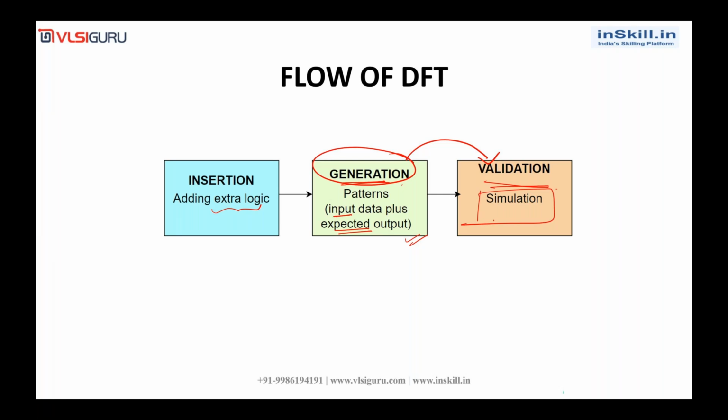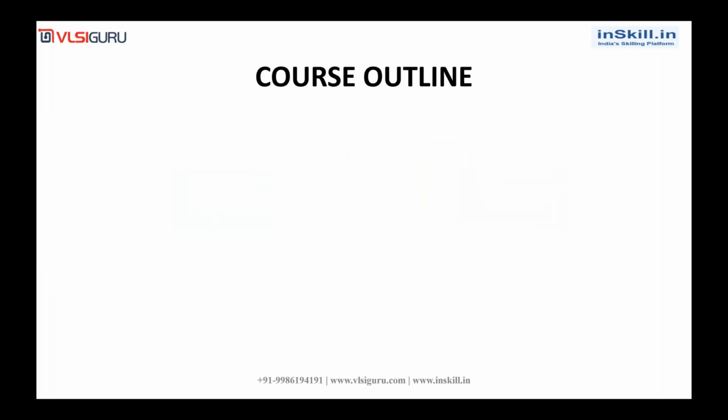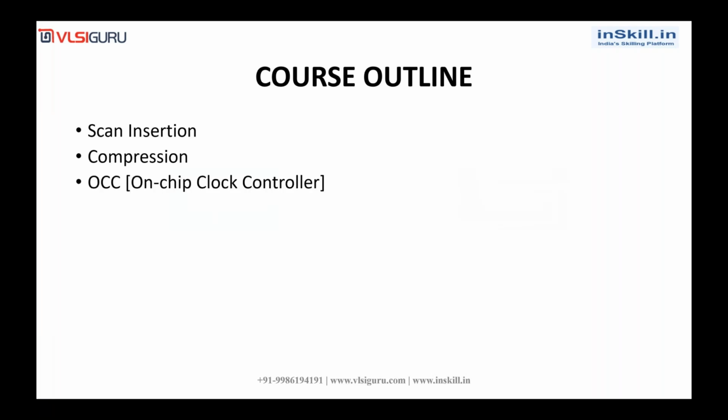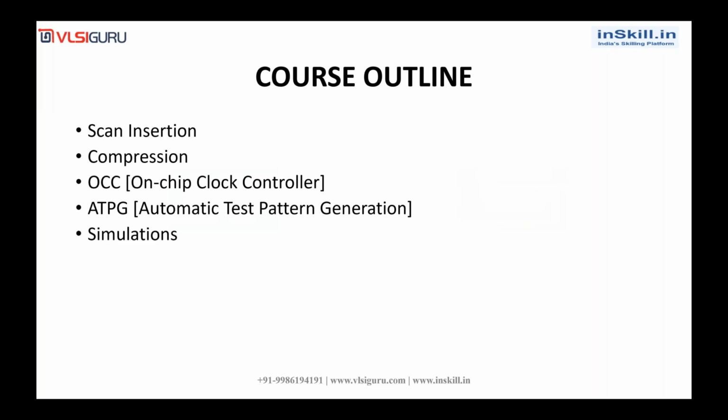Now we'll see what topics will be covered in our course, and I'll give you a small overview of them. This is our course outline. First we will start with scan insertion, then scan compression, which is the EDT insertion, then OCC, the on-chip clock controller, ATPG, automatic test pattern generation, simulations, and then JTAG, joint test action group.